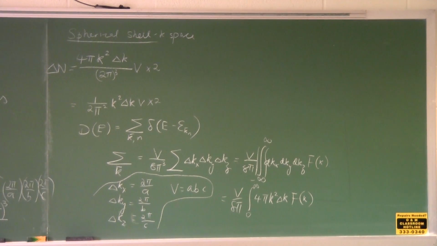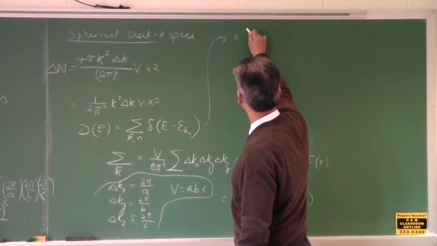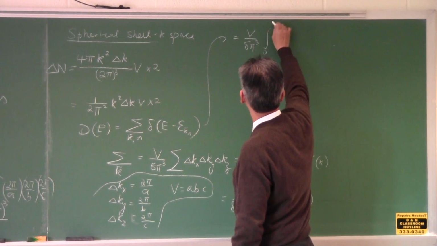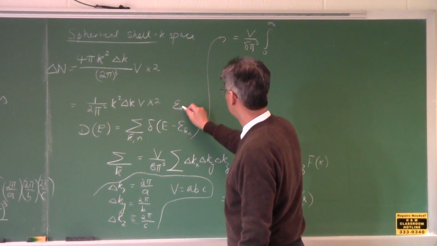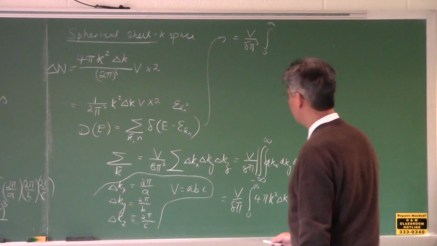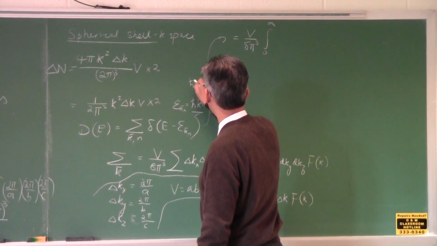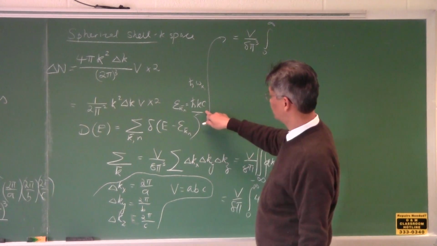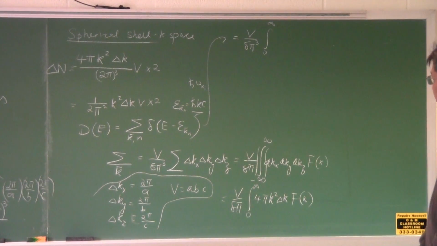Okay? So by the same rule of converting this into an integral, I can convert this into b over 8 pi cubed, 0 to infinity, because epsilon of k n is actually equal to h bar omega, which is a function of k, but then if you convert this into k number, it's just h bar kc. That is E of k.